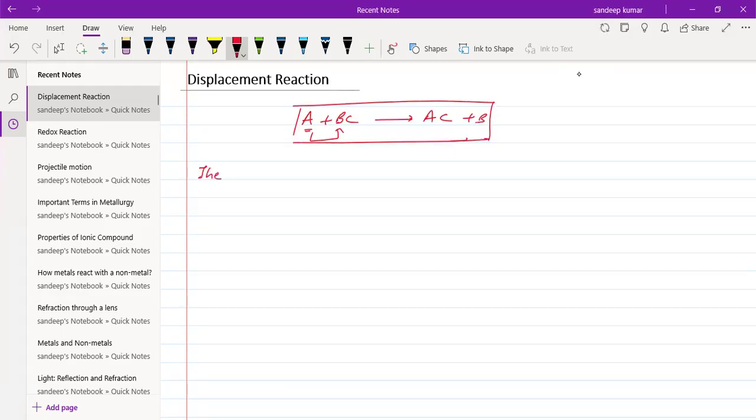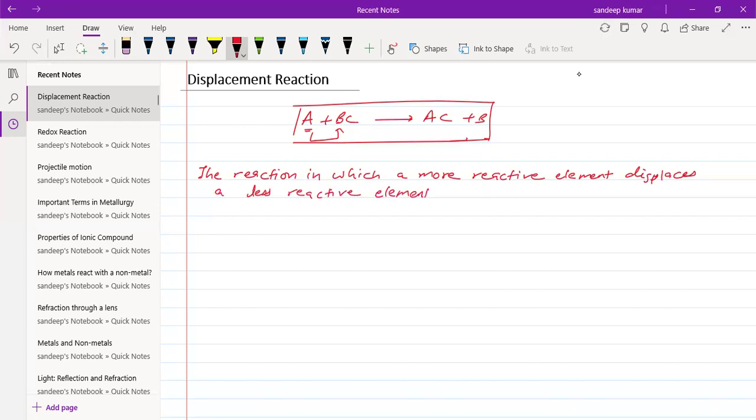The reaction in which a more reactive element displaces a less reactive element from its salt solution, children.